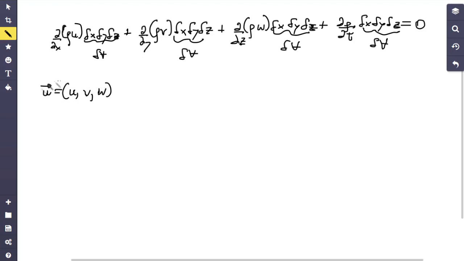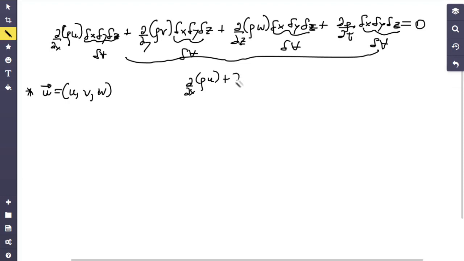Okay, so this equation here simplifies to this: the partial derivative with respect to x, plus the partial derivative with respect to y, plus the partial derivative with respect to z, right?